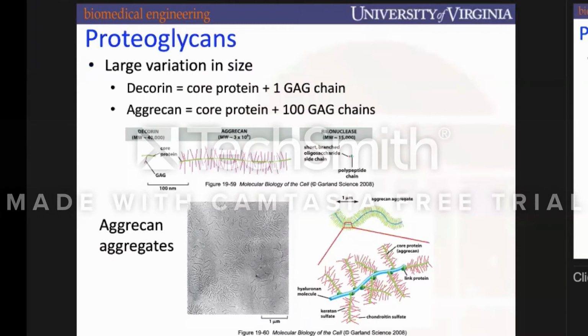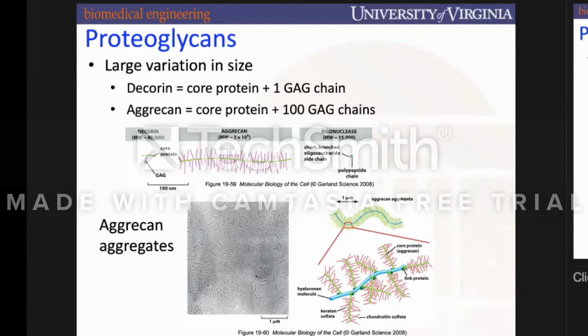So proteoglycans can vary in size here. An example here is decorin, which has a core protein with only one GAG chain on it, whereas aggrecan, and we talked about this in the last lecture, is a core protein with 100 glycosaminoglycan chains on it.